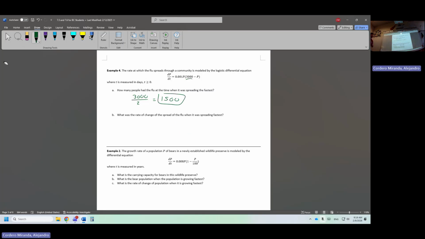And then part B says, what was the rate of change of the spread of the flu at that time? So hopefully you know, put that 1,500 in for the P, and that'll be the rate of change.